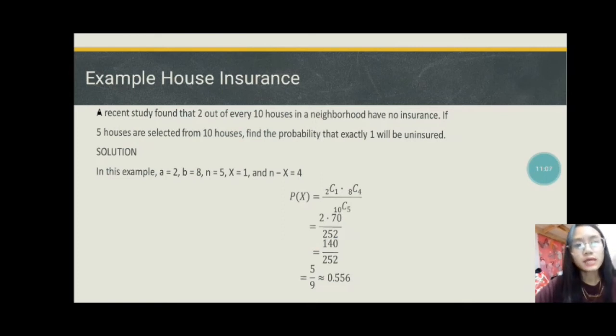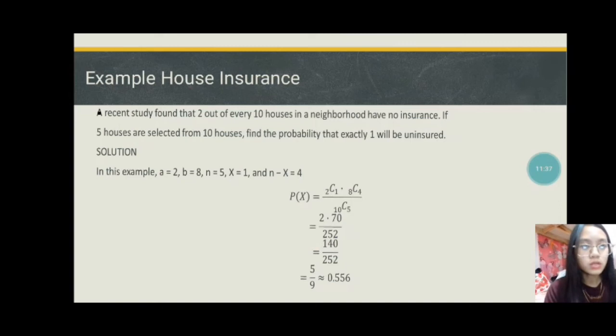The solution: in this example, A is equal to 2, B is equal to 8, X is equal to 1, and n minus X is equal to 4, where the probability of X is equal to 2 C sub 1 multiplied by 8 C sub 4 over 10 C sub 5, which is equal to 2 times 70 over 252.